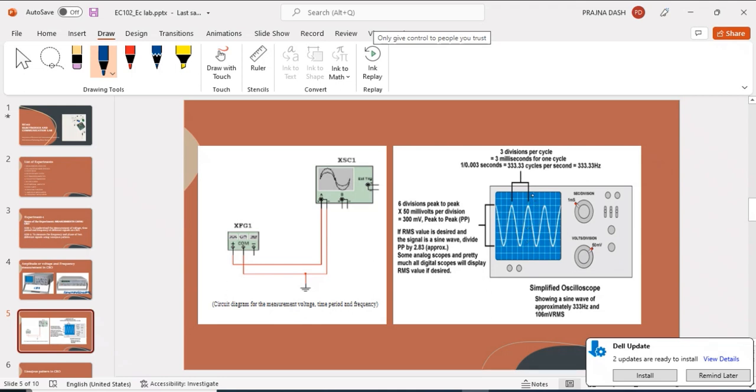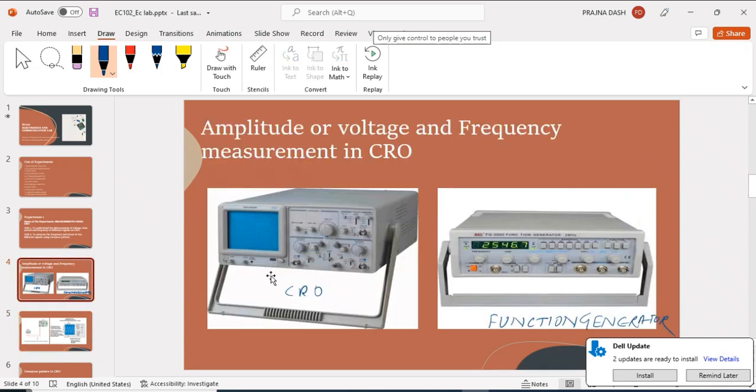So if you are calculating the peak to peak voltage, then 6 divisions we have to consider. And how much volts per division have we adjusted in the CRO knob? In the voltage knob there are volts per division readings, this adjustment meter. Suppose we have taken 1 volt per division.